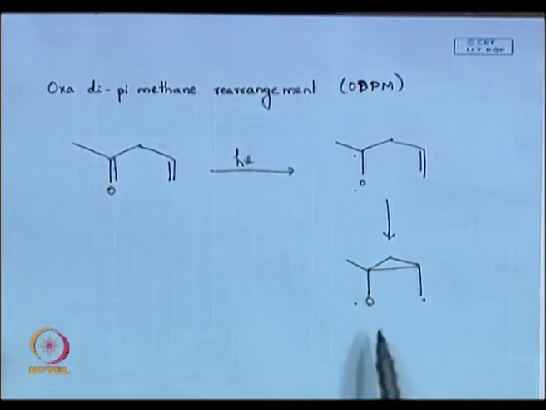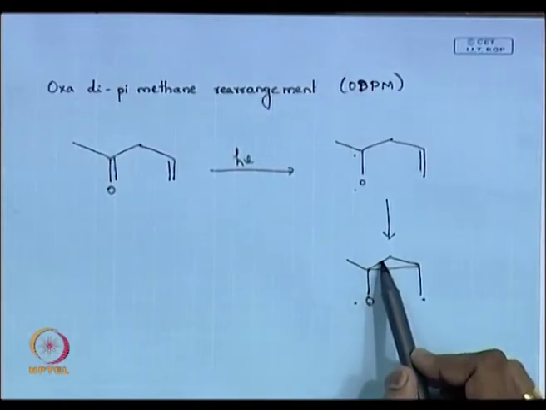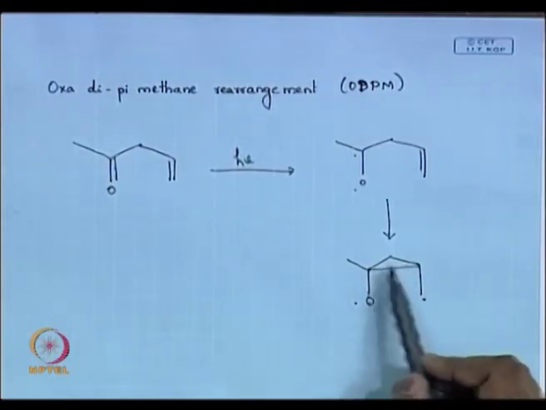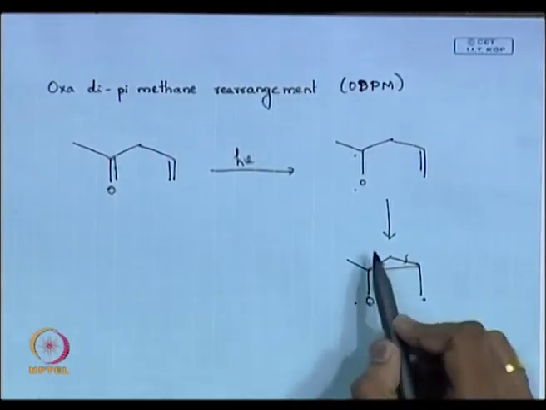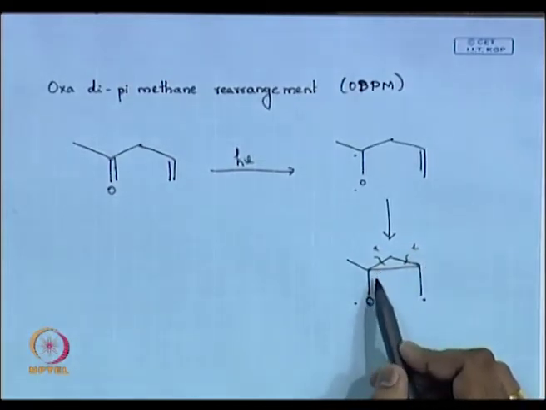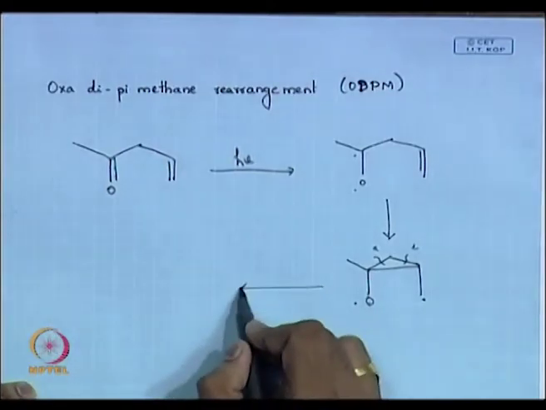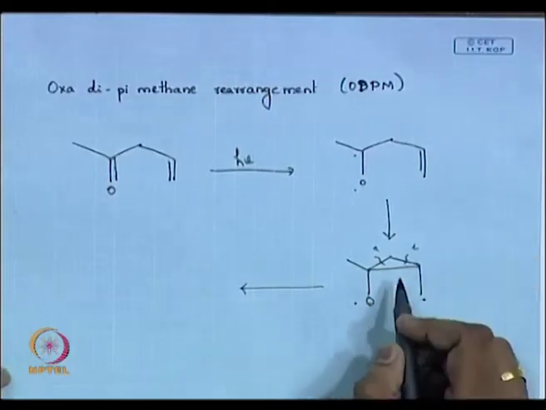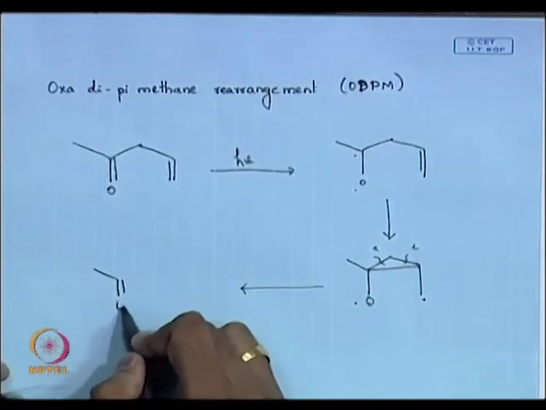Now, the advantage of the oxa-di-pi-methane rearrangement is that you have these two, A and B, right. You can cleave this direction or you can cleave this direction. Most of the time in oxa-di-pi, it cleaves only on A, because it can again get back to its ketone. So there will be no problem; most of the time it will be one side cleavage, because of the formation of the ketone.